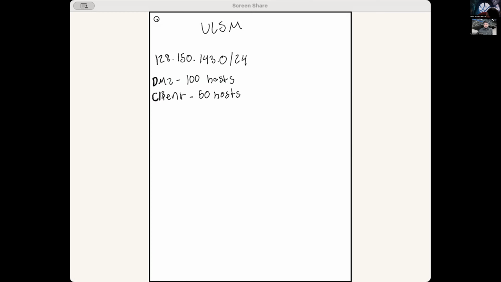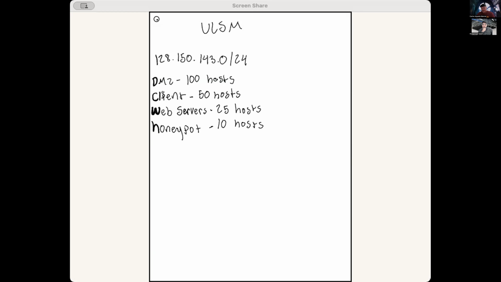Let's see, my web server, which you would want to put in the DMZ, needs 25 hosts. And we'll say I have just a honeypot because I do some security research for my enterprise. I only keep 10 hosts there. Okay, so this is my requirement for the enterprise.